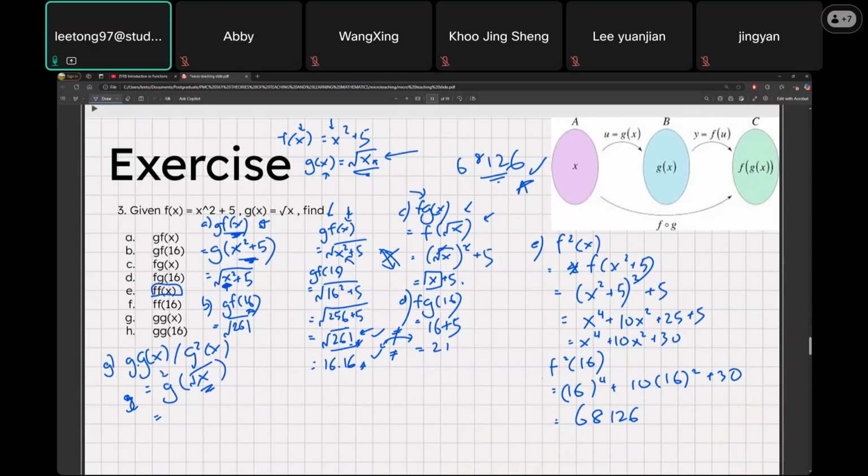So you'll get square root X. Or you can write it as, since we know square root of X is equal to X power of 0.5. So double square root of X, you can write it as 0.5, another 0.5. So you get X power of 1 over 4.